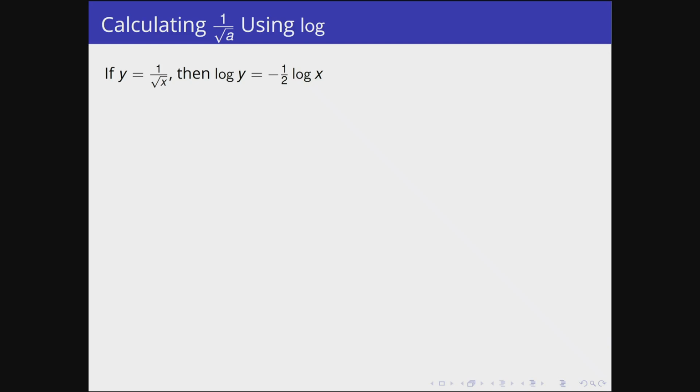So now we want to compute 1 over square root of x using the logarithm. And so first, if y is 1 over square root of x, we can take the logarithm of both sides, and we get that the logarithm of y is minus half the logarithm of x.